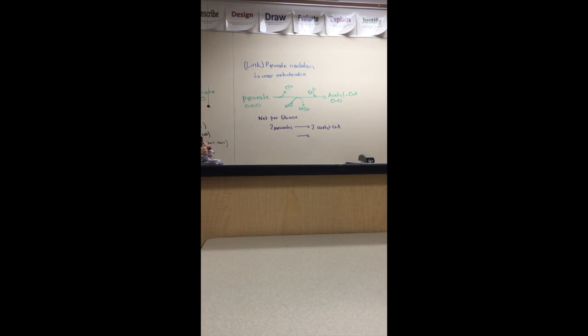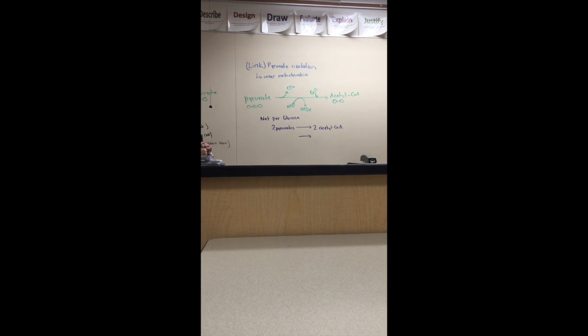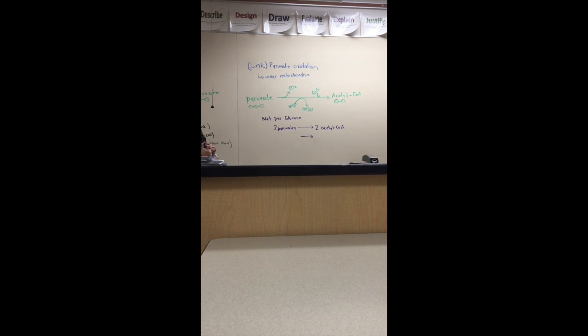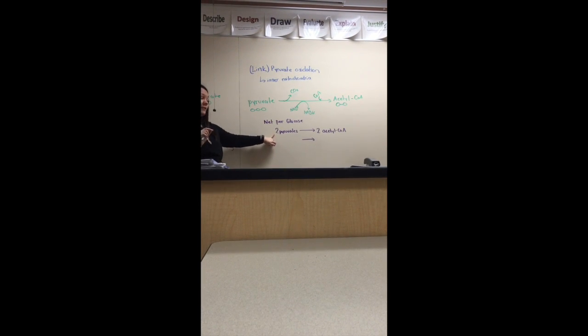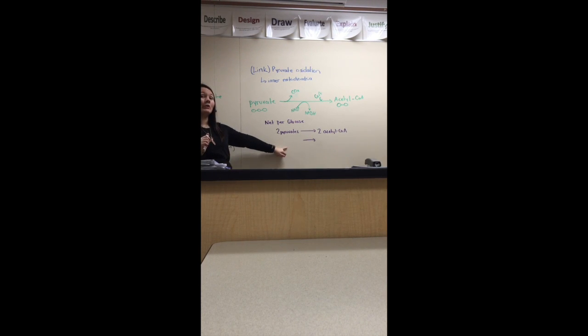How many NADHs did I get per pyruvate? 1, right? And I have 2 pyruvates. So how many NADHs will I get per glucose? 2.